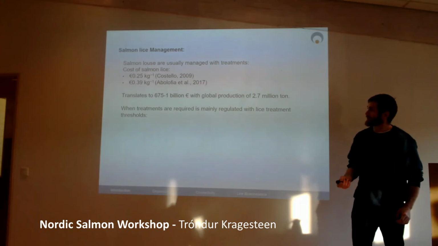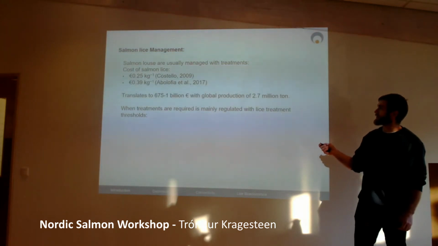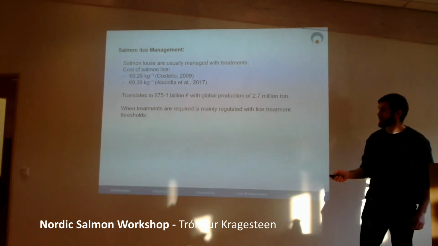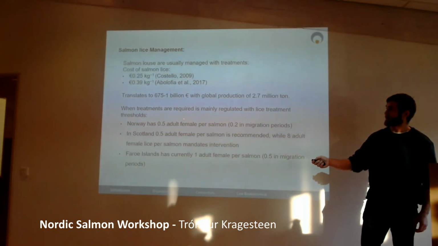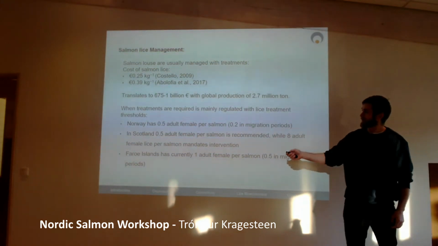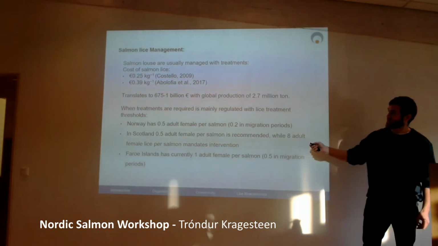When treatments are required, it's mainly regulated with lice treatment thresholds. This varies from country to country. For example, Norway has 0.5 adult or gravid adult female per salmon, but 0.2 in migration periods.